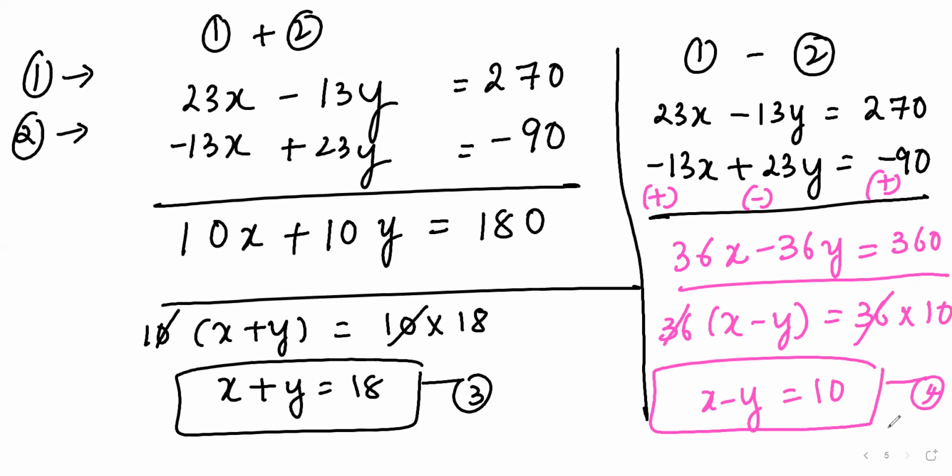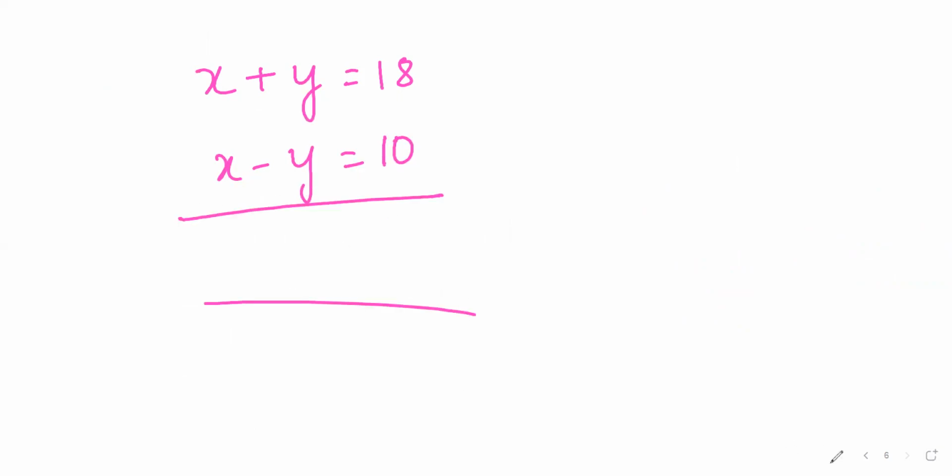All right. So x plus y is 18, x minus y is 10. I'll take equations 3 and 4 now. So what happens here? You can add them.